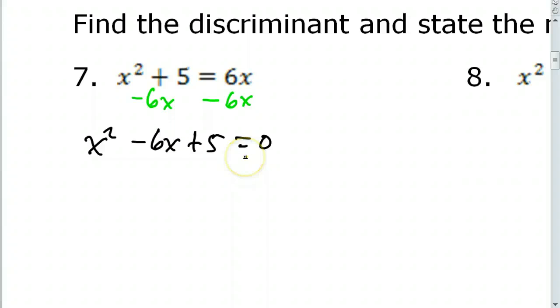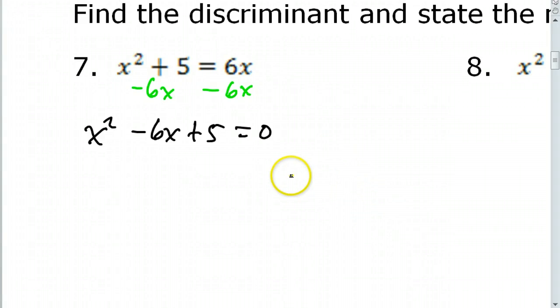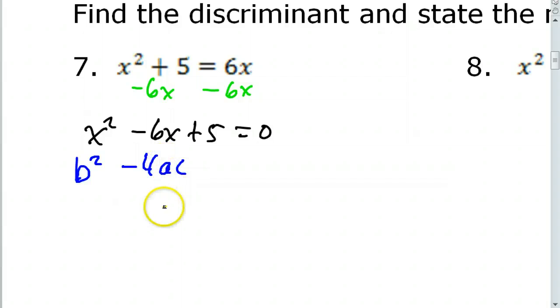Anyway, so the discriminant, b squared minus 4ac. So in this case, that's negative 6 squared minus 4 times 1 times 5. Whoops, I messed up. Start over.